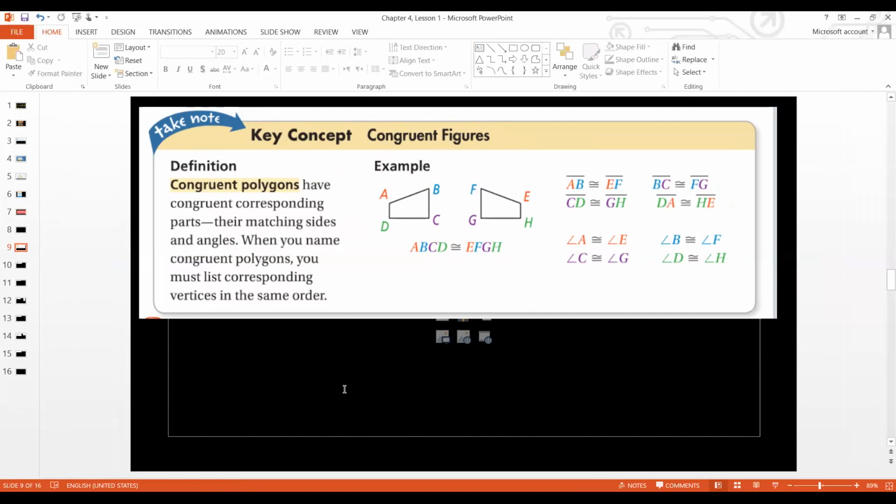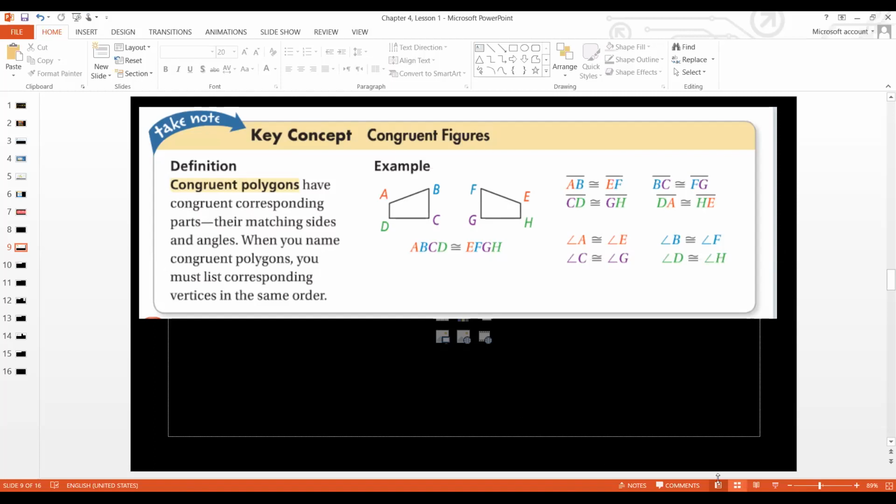By matching all of the sides and all of the angles, I can say that these polygons are congruent. And we talked about this shape, this quadrilateral. If all the sides are congruent and all the angles are congruent, I can say that this shape is congruent.